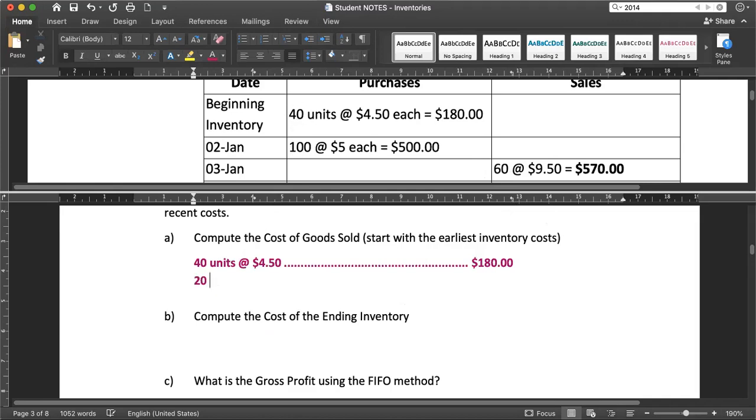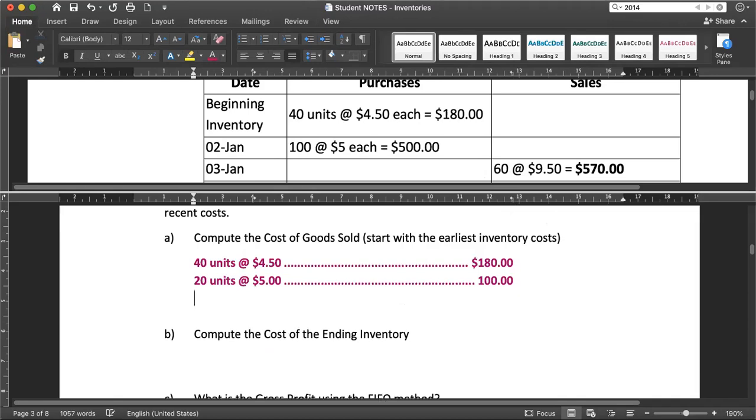So now we have to add 20 more units at the next price, which was $5. 20 units at $5 is $100. Now we see that we've got 60 units, which matches the number of units sold. And those 60 units cost a sum total of 100 plus 180, which is $280.